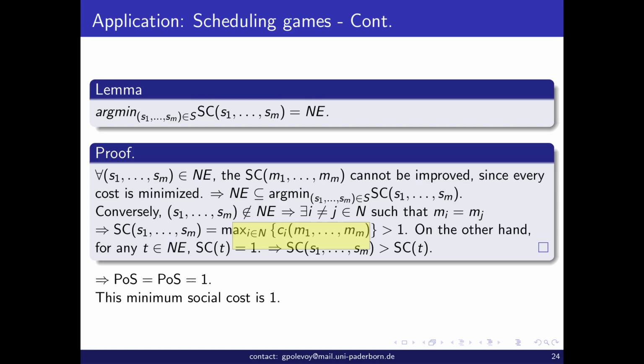If something is not in Nash equilibrium, then it does not minimize the social cost. And therefore the set of argmin of social cost and the set of pure Nash equilibria, we are going to talk about mixed later, but that's for pure till now, these sets are equal. In particular, all the Nash equilibria are optimum, so price of stability and anarchy are 1.